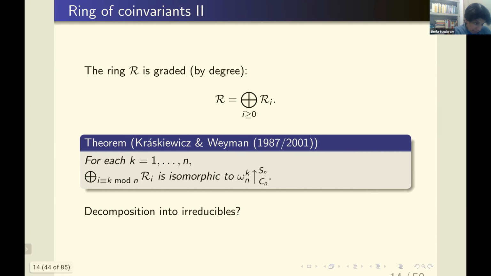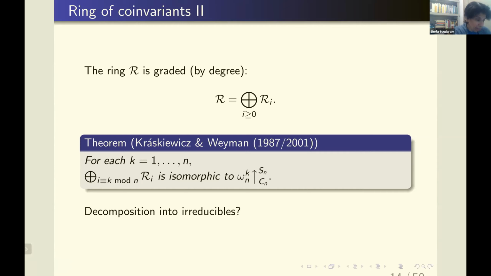So this is a theorem of Kraskiewicz, Weyman, and Reiner. There seems to be a long and interesting history of why the manuscript was circulating back in 1987, I think, but it took a long time to get published.